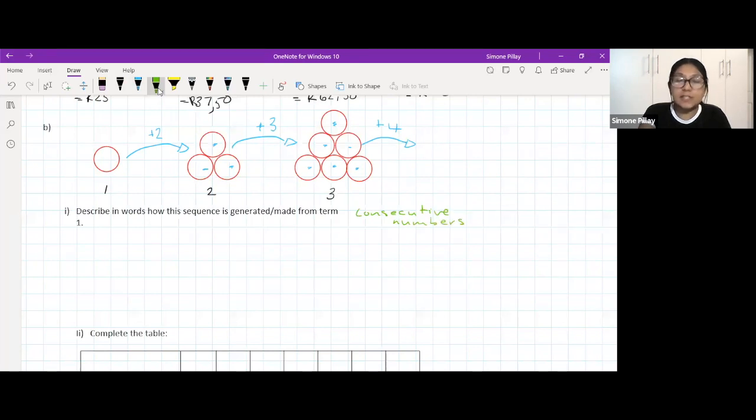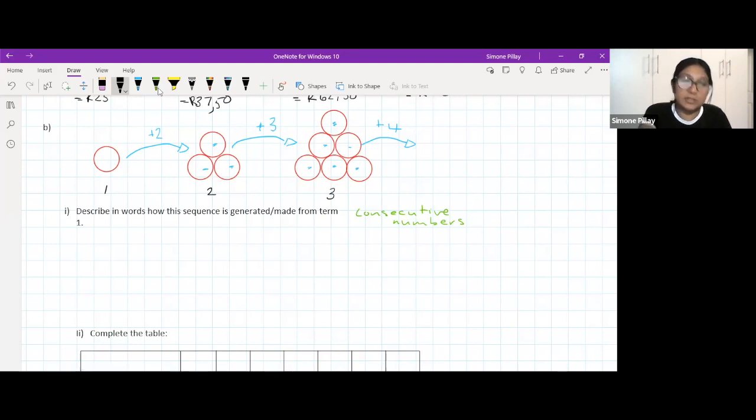Consecutive numbers are just numbers that follow one after each other. So I can see here, my rule is actually not adding 2. It's not adding 3. It's not adding 4. My rule is to add consecutive numbers. But we're not just adding consecutive numbers. We are adding consecutive numbers starting with 2.